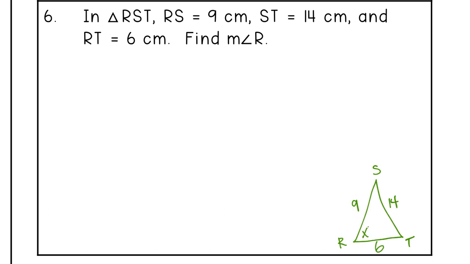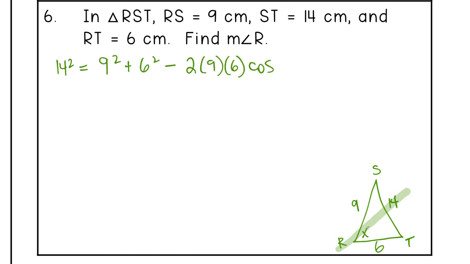So now that I have my picture, it's pretty easy to see that 14 is right across from our unknown angle. So when we start our equation, we're going to start with 14 squared equals the other two sides. So 9 squared plus 6 squared minus 2 times 9 times 6 cosine of x.